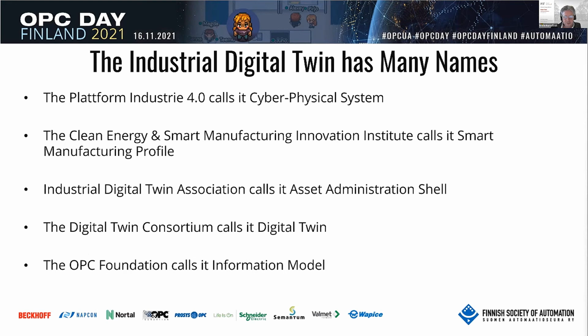Already mentioned a few others like the Digital Twin Consortium, which just calls it digital twin. The Industrial Digital Twin Association, which is relatively new, calls it the asset administration shell. And of course, the OPC Foundation calls it information model, right? So it has many names, but effectively what they're describing is the metadata describing the data for the physical asset.